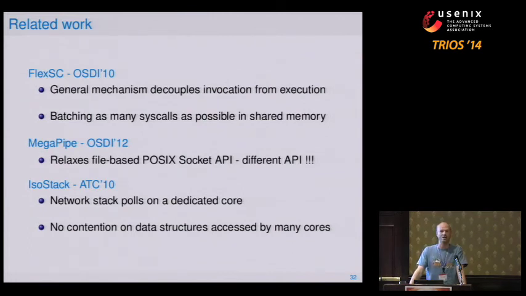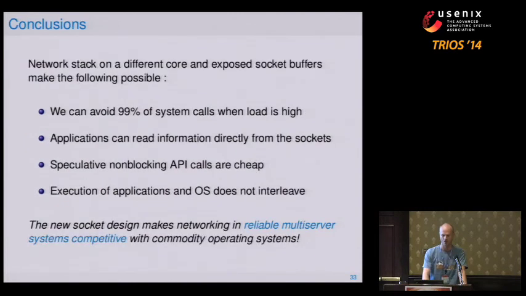And IsoStack was one of the projects that pioneered running a network stack on a dedicated core in a monolithic system. But the primary reason for that was to avoid contention on the internal data structures of the network stack, while the applications are still talking to the operating system using system calls.